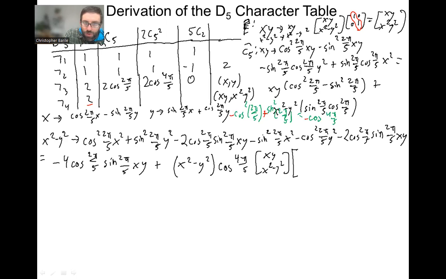And really the only elements we care about are the on-diagonal elements. I mean, I could write the whole 4 by 4 matrix, but just to save us a little bit of space here, we only care about these ones that are on the diagonal, right? And so that's the term that takes xy into something times itself. And what is that? Well, that was cosine squared 2 pi over 5 minus sine squared 2 pi over 5, which we just said before was equal to cosine 4 pi over 5.